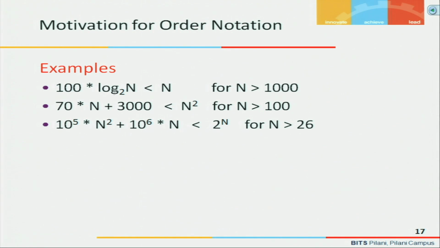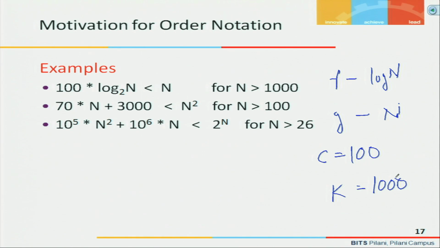If my f is log n and your g is n, then your c is 1 by 100 and k is 1000, and then we can see that f(x) is less than 1 by 100 into n for n bigger than or equal to k.